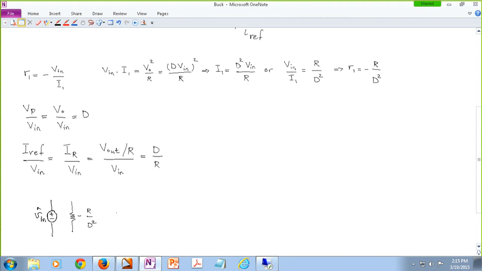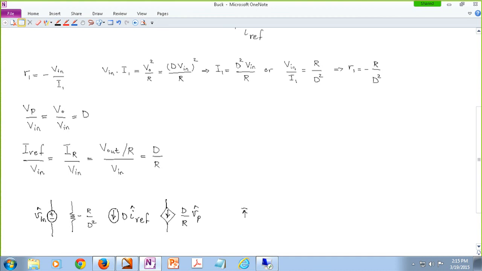Then I have D times Iref. And then I have another dependent source of current, which is D over R times Vp.